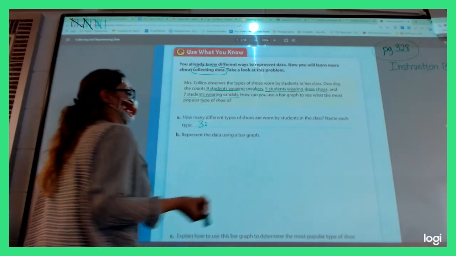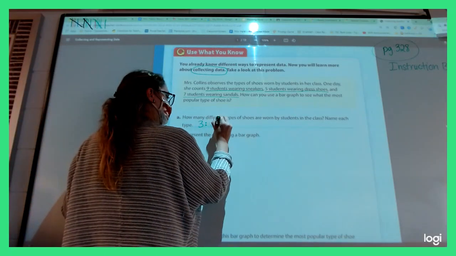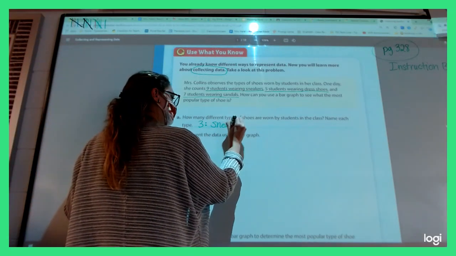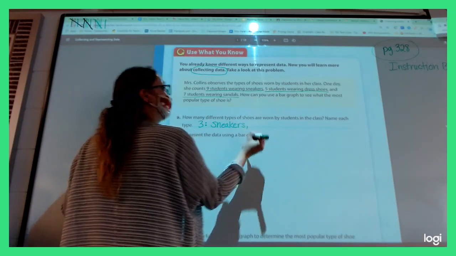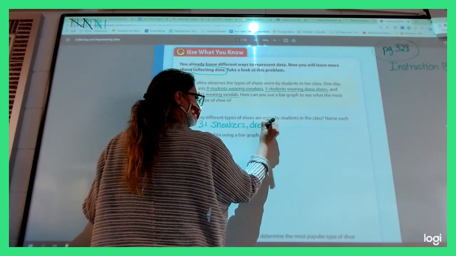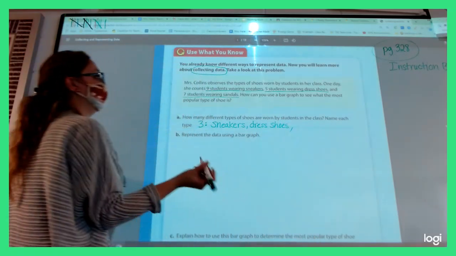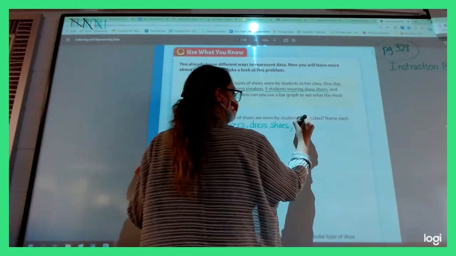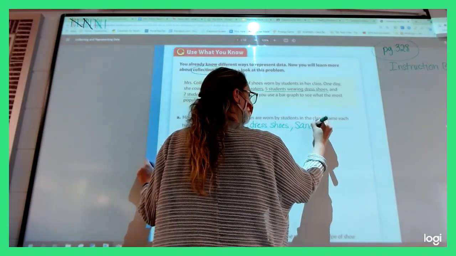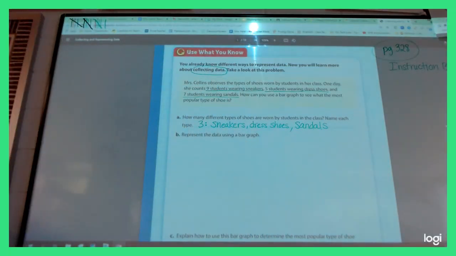I'm going to put a colon. So we've got sneakers. We've got dress shoes. And we've got sandals. Give you a minute to write that down.